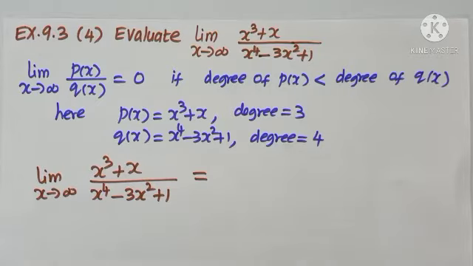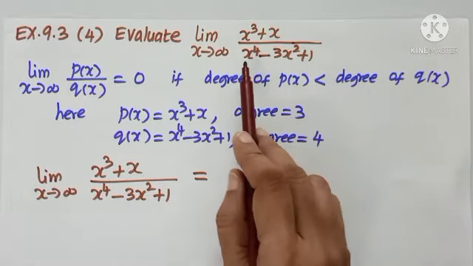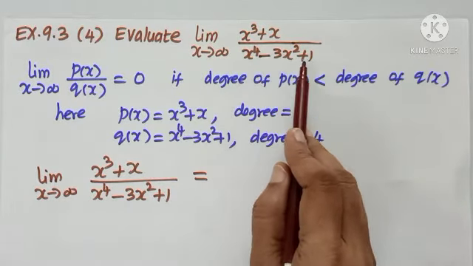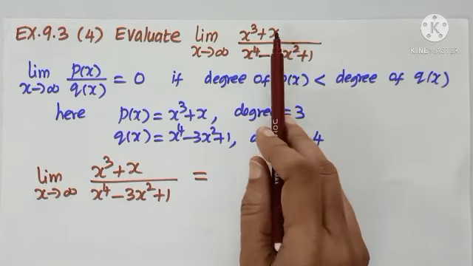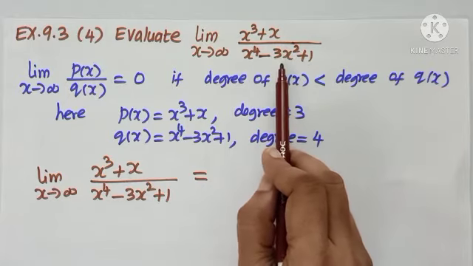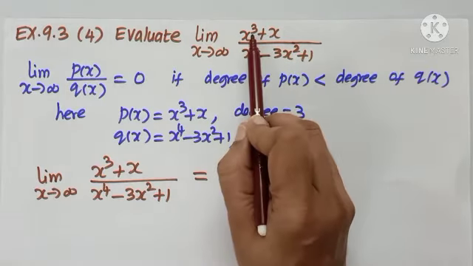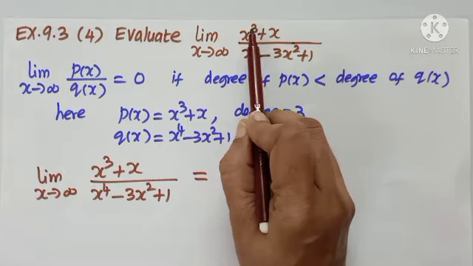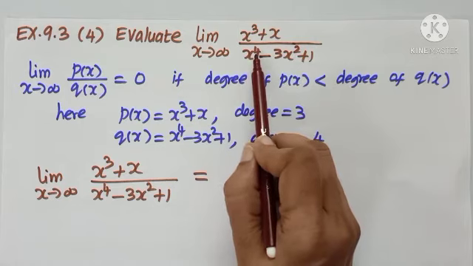Question number 4. Evaluate limit x tends to infinity of x cube plus x by x power 4 minus 3x square plus 1. Again, it's a rational expression. The numerator as well as the denominator are polynomials. Here the highest degree in the numerator is 3. In the denominator the highest degree is 4.